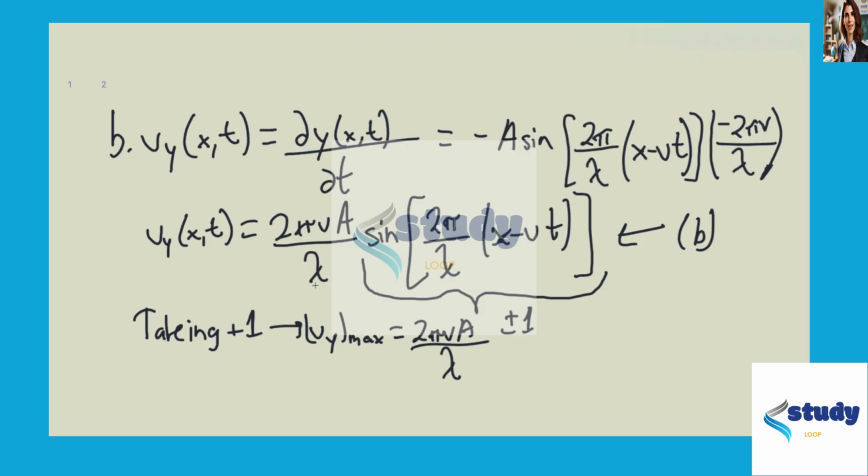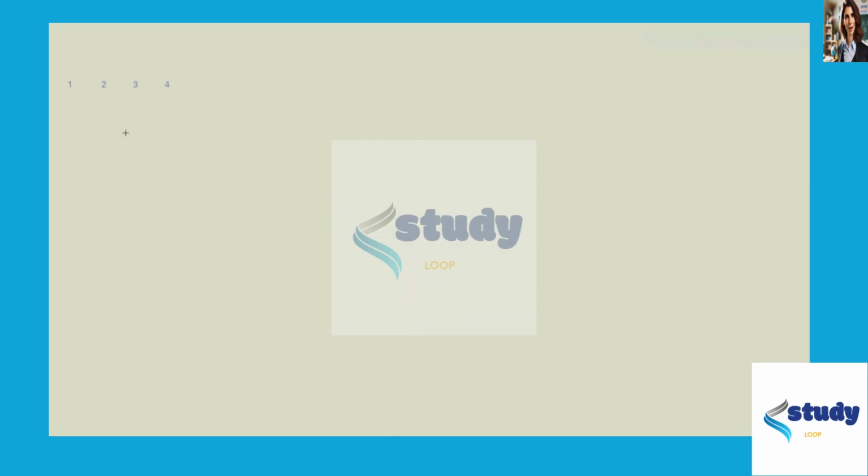At this point, we can say, okay, the propagation speed v. Let's rewrite this and say vy max equals 2 pi v a over lambda.